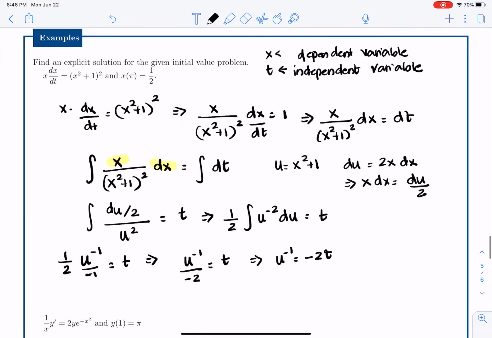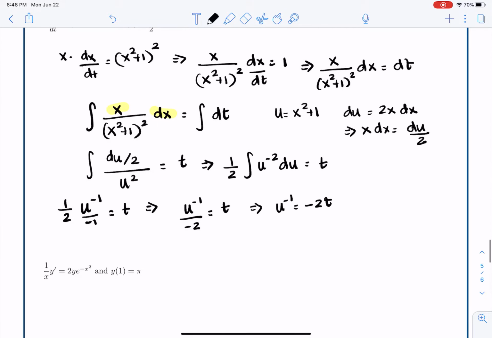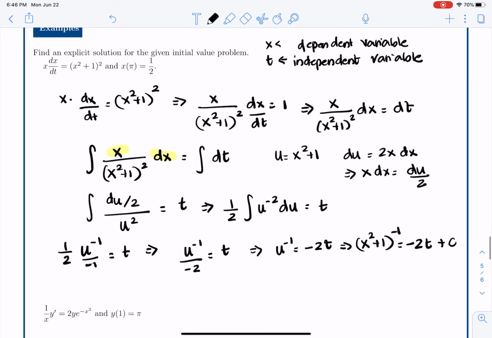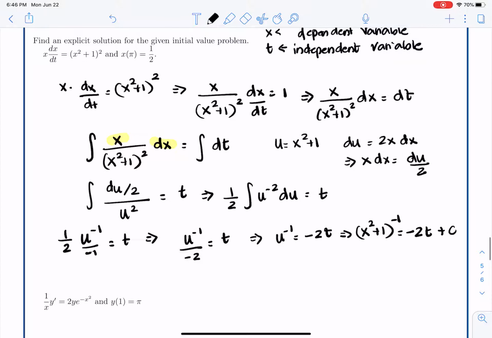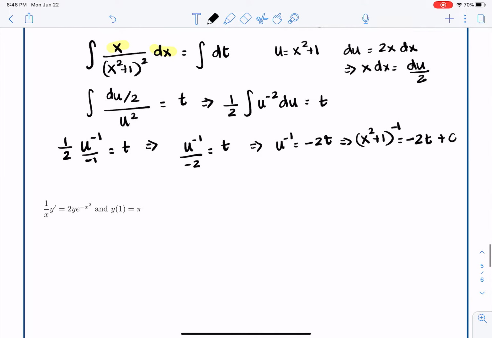So we are trying to find the solution to x, and our substitution was u is x squared plus 1. So x squared plus 1 raised negative 1 would equal negative 2t plus the constant of integration. Here we have the value of x when t is pi is 1 over 2.